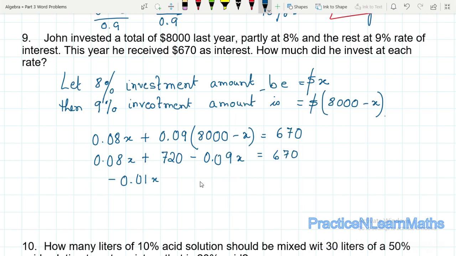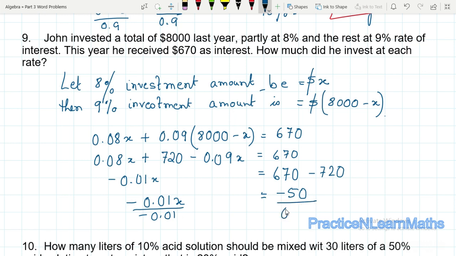Subtracting 720 from both sides, and dividing both sides by negative 0.01, we get x is equal to 5,000.